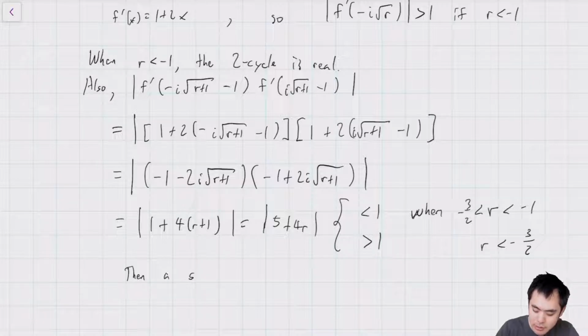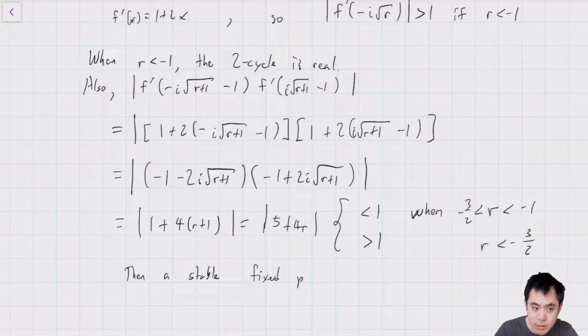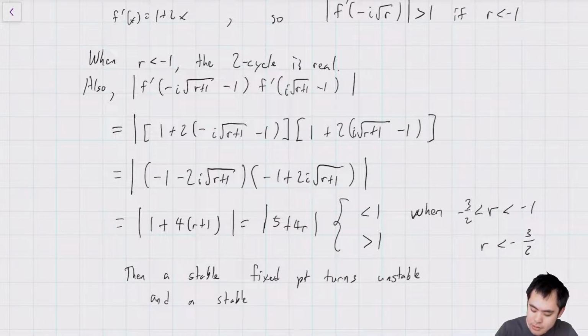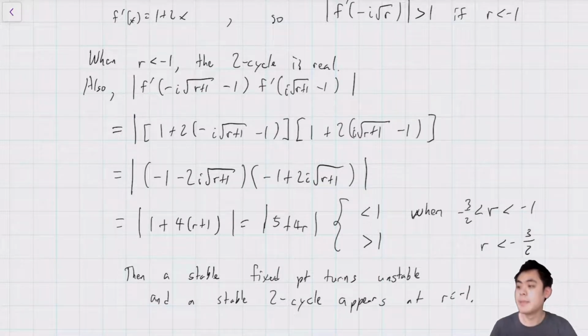So a stable fixed point turns unstable, and a stable 2-cycle appears at r is equal to minus 1.